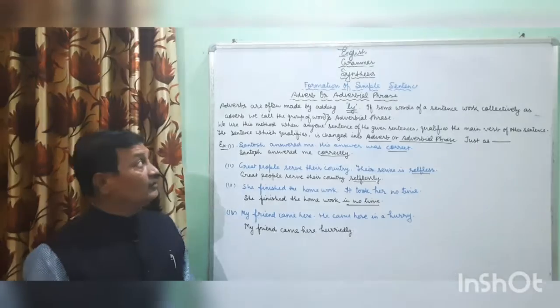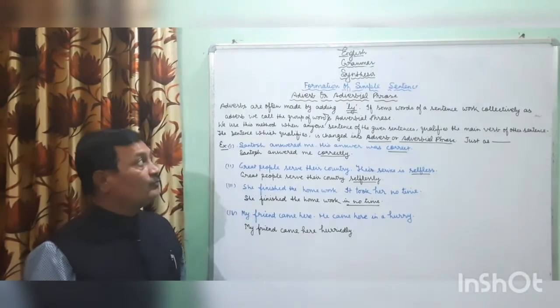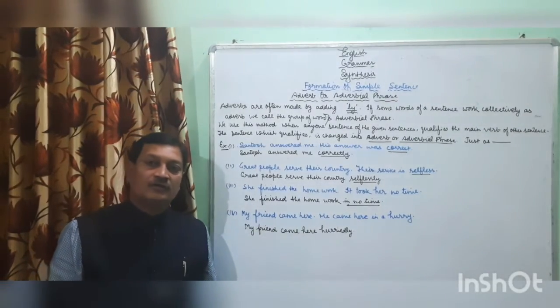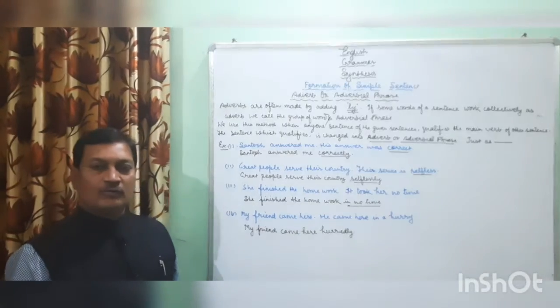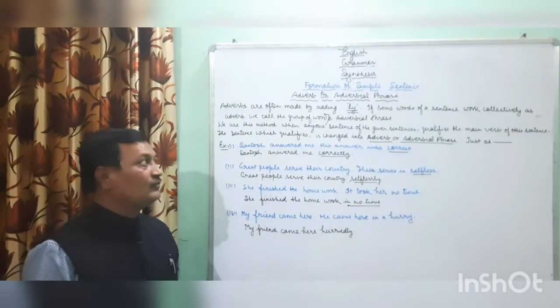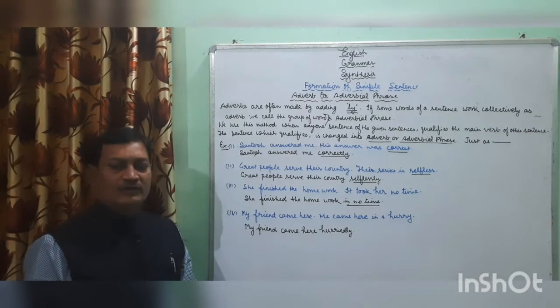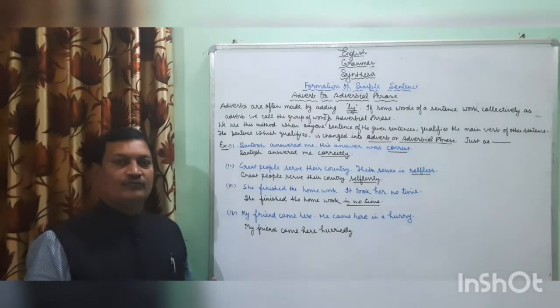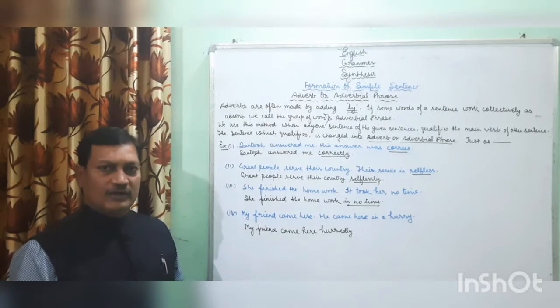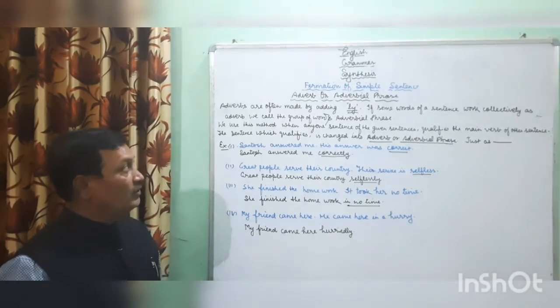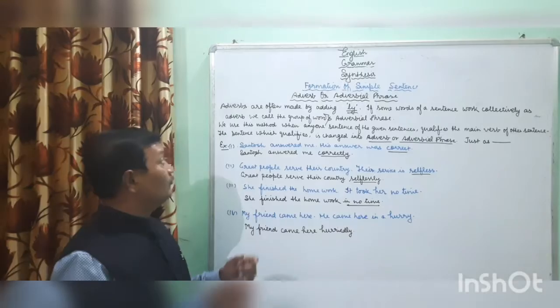Friends, let's see the use of adverb or adverbial phrase to combine two or more simple sentences into a simple sentence. Students, I am quite aware that you are very well aware of adverb or adverbial. Okay, let's know.